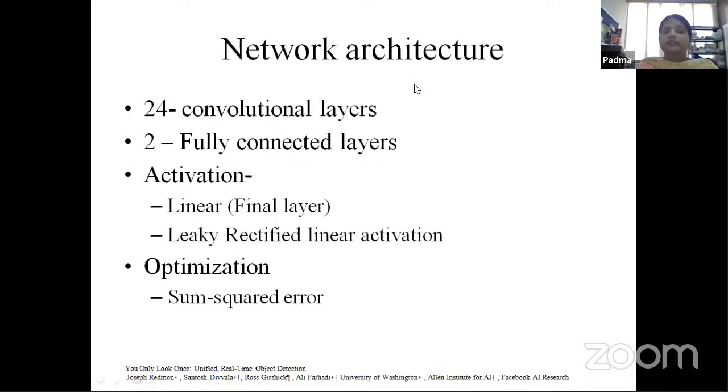So here, let us look at the network architecture of the YOLO model. It has 24 convolutional layers and 2 fully connected layers.